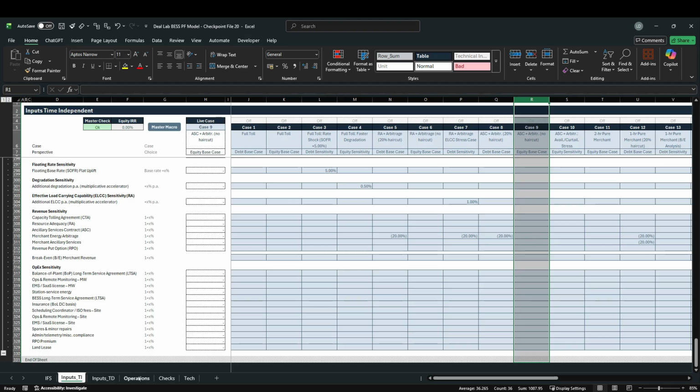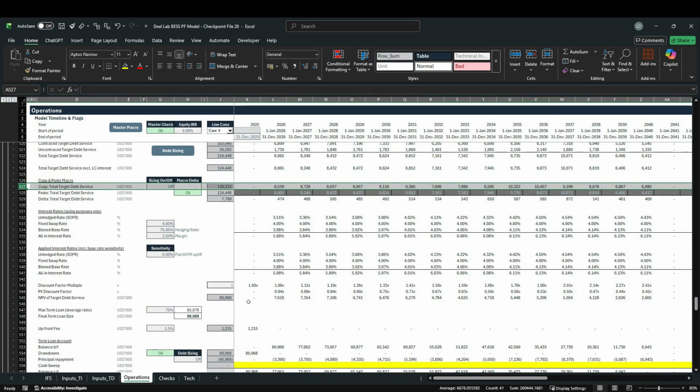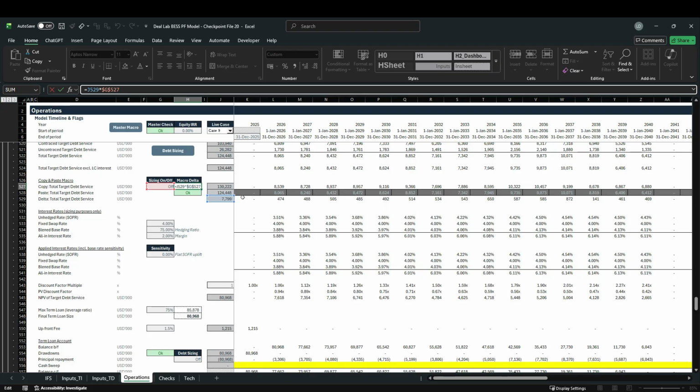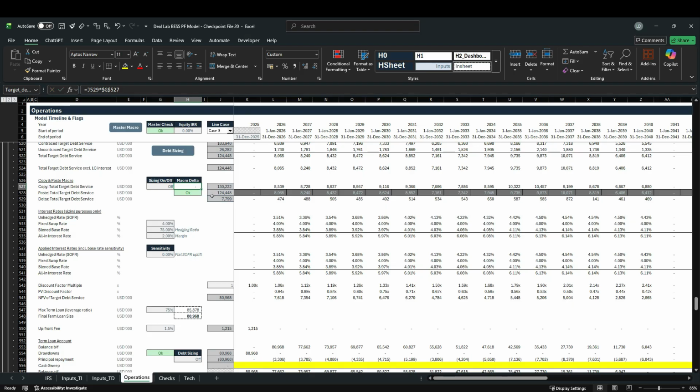And if we don't assume a merchant haircut, we will end up having higher revenues. But since our debt sizing is turned off, we do not get a fail here, because once our debt sizing is turned off, we will disregard any delta here.